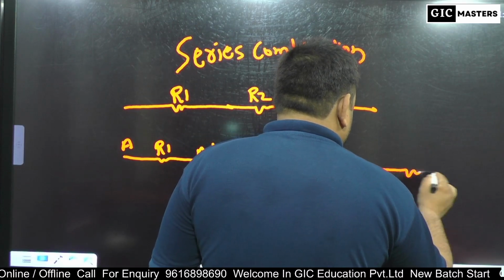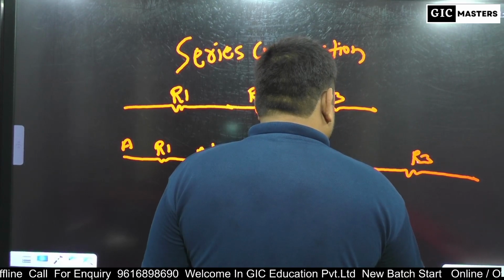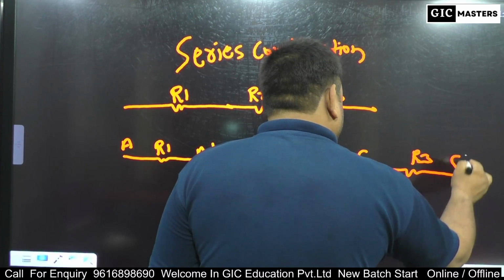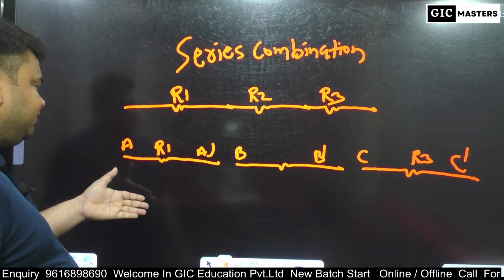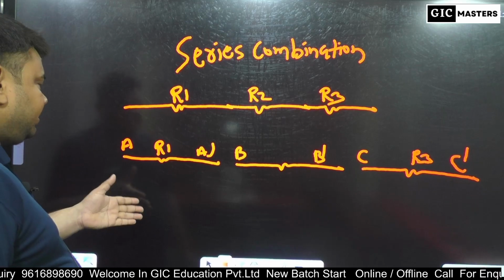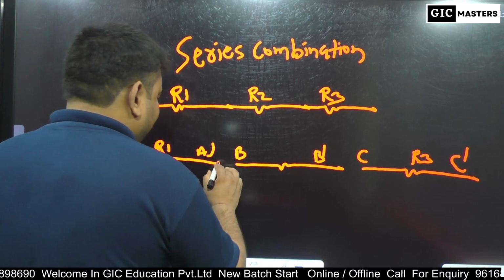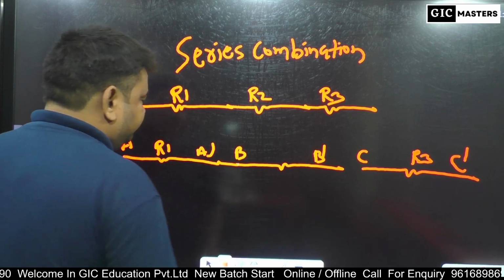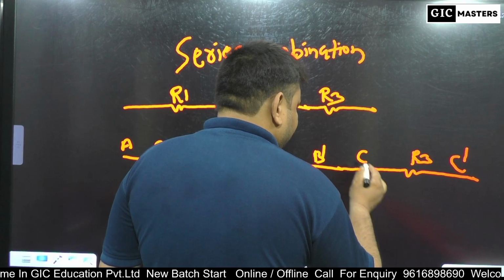Third resistor R3 also has two terminals C and C dash. When these resistors are connected in series, terminal A dash is connected with B and terminal B dash is connected with C.